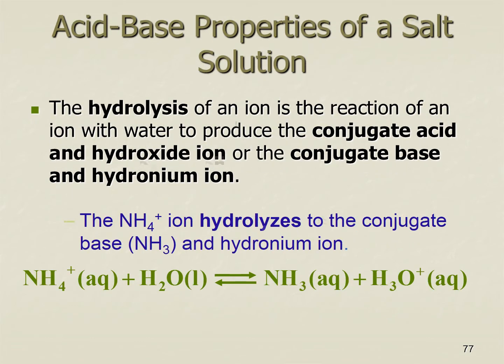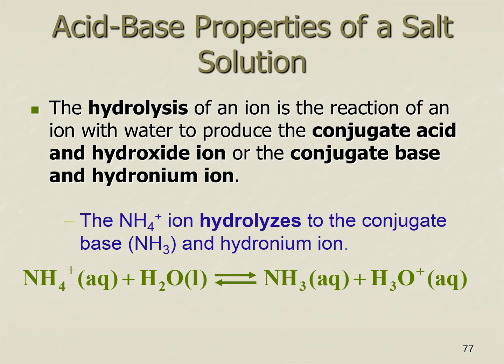So here's an example of an ion that acts like an acid. NH4+, when it's hanging around in water, is willing to give up an H+ to water to form NH3, ammonia, and H3O+. Again, NH4+ is part of a salt.